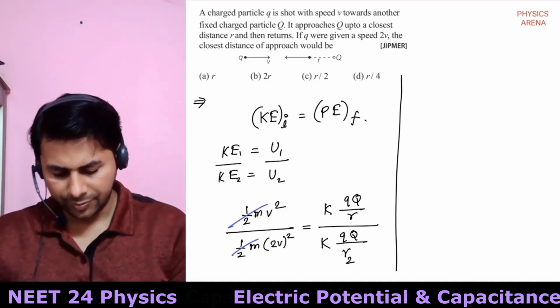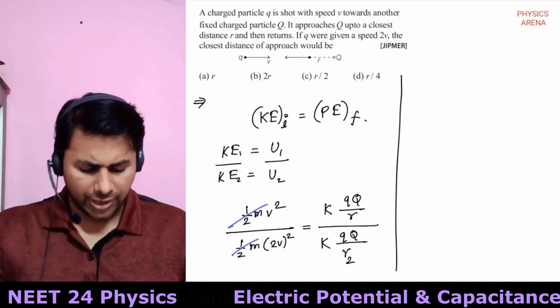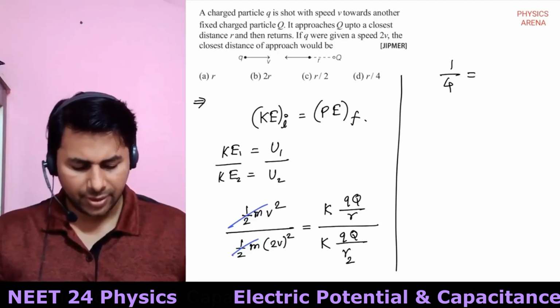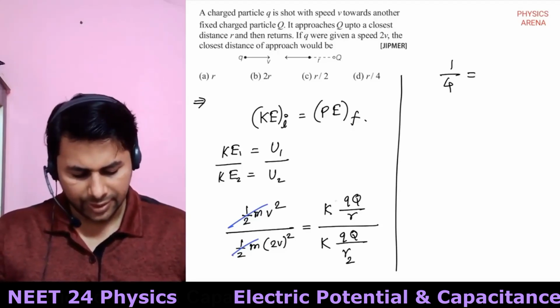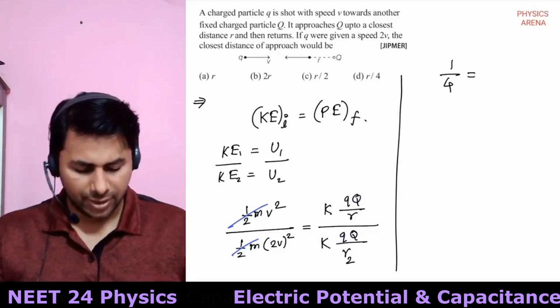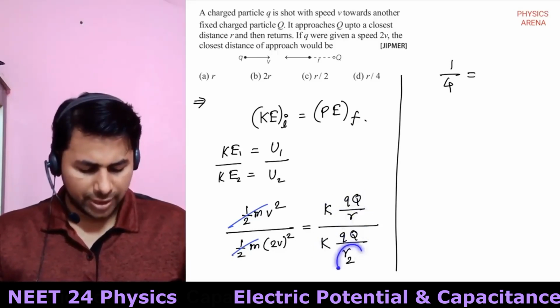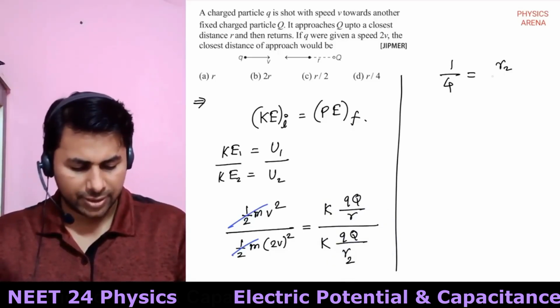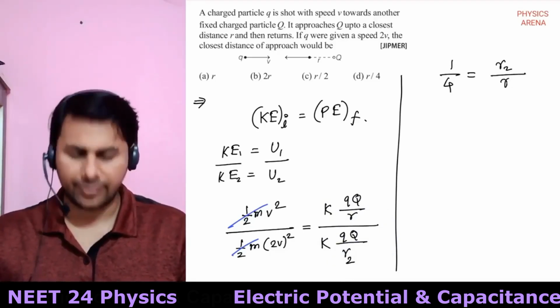So this half m gets cancelled. Then v square gets cancelled. You have 1 by 4 on the left hand side, and on the right hand side k Q q gets cancelled out. This r goes to the denominator, this is in the denominator of the denominator, so this one goes to the numerator. It is r2 by r.